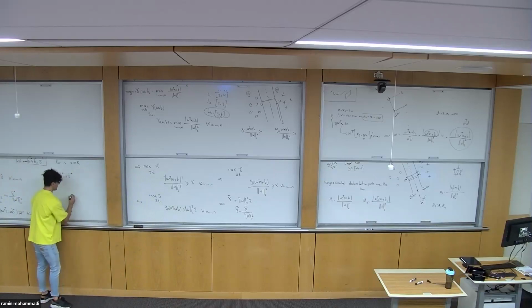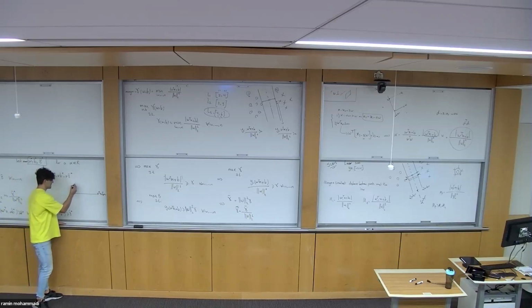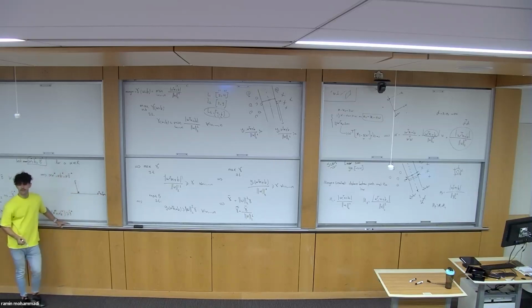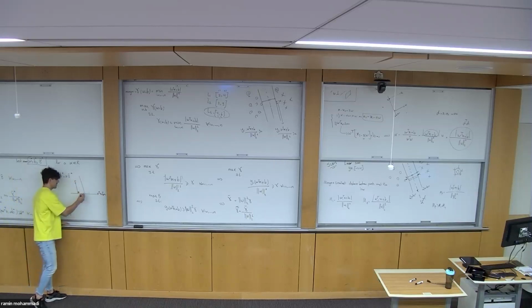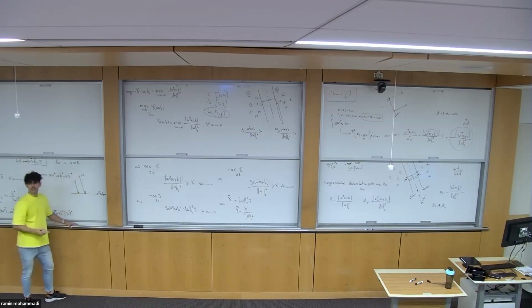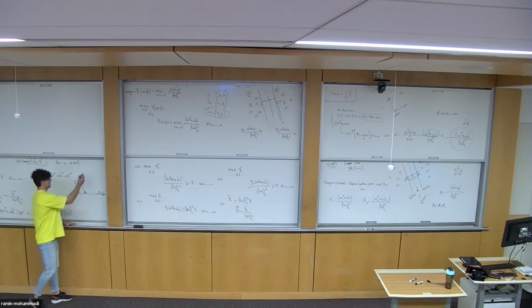So let's say this is a line that we learned, W transpose X plus B equals 0. Correct? We know this is W. Let's say this is 2W. Correct? And so on, 3W, and so on.